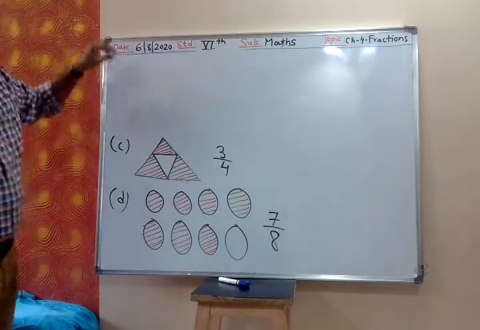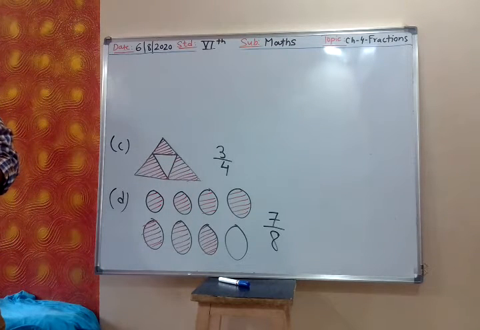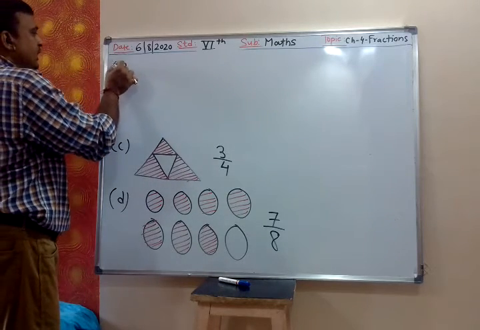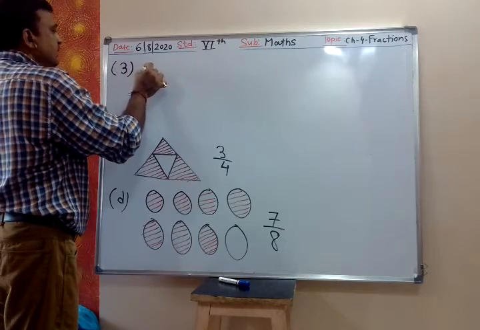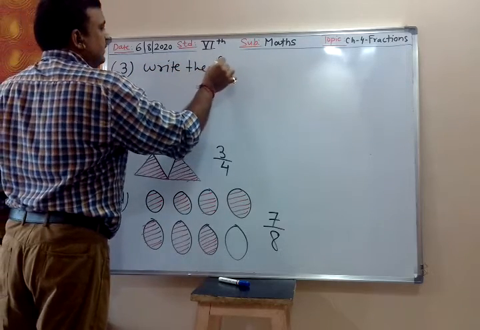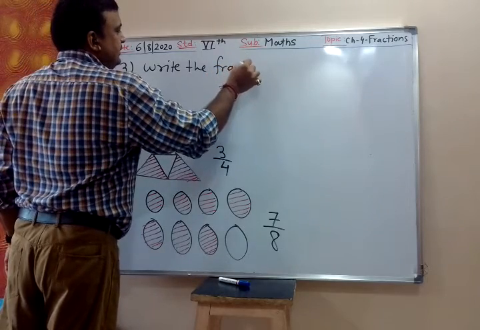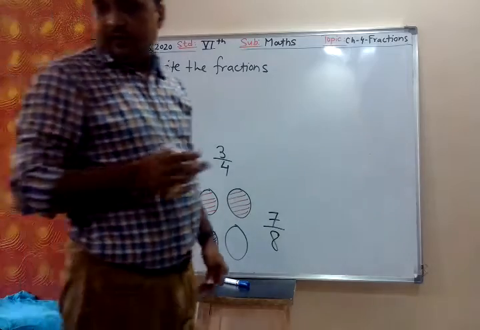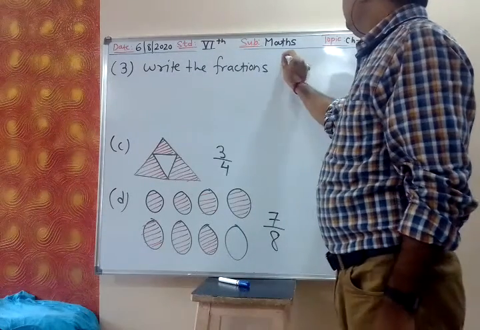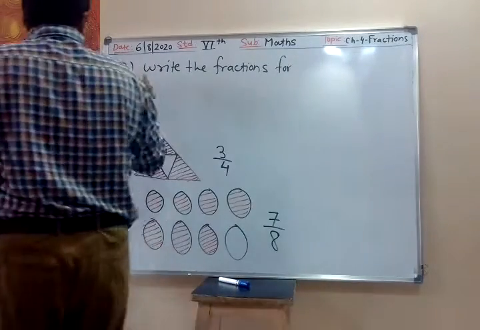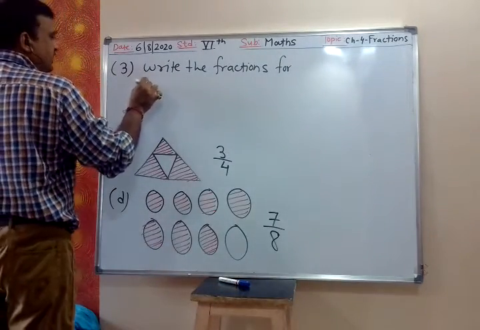So the fraction is 7 upon 8. So 7 circles you have to show. Now third one, write the fractions for the following fraction names.